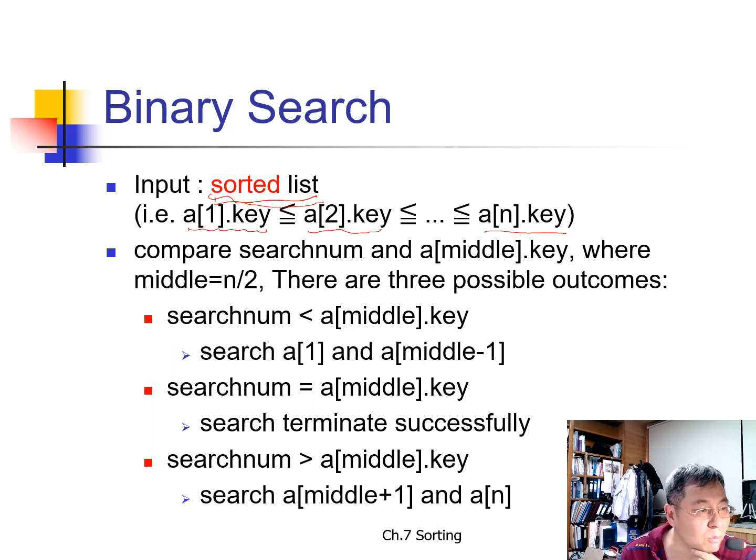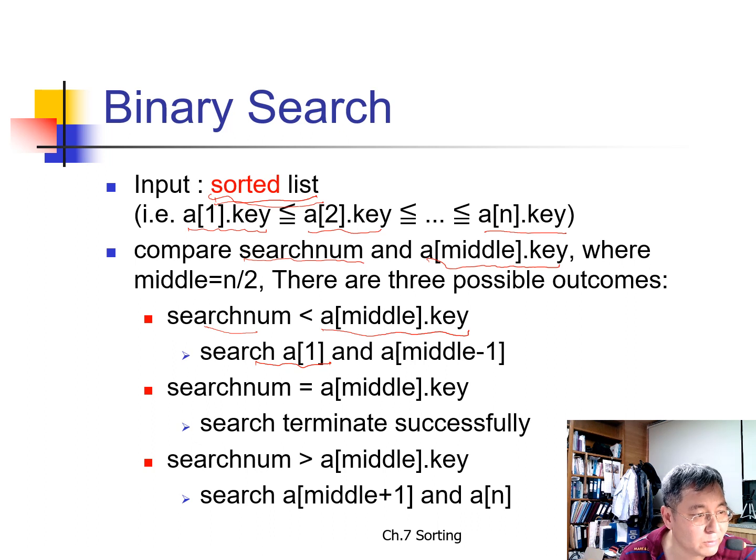Then if we want to search for some value, we compare it with the middle key value. If the search number is less than the middle key value, then we will search only the left part of the given sorted list.